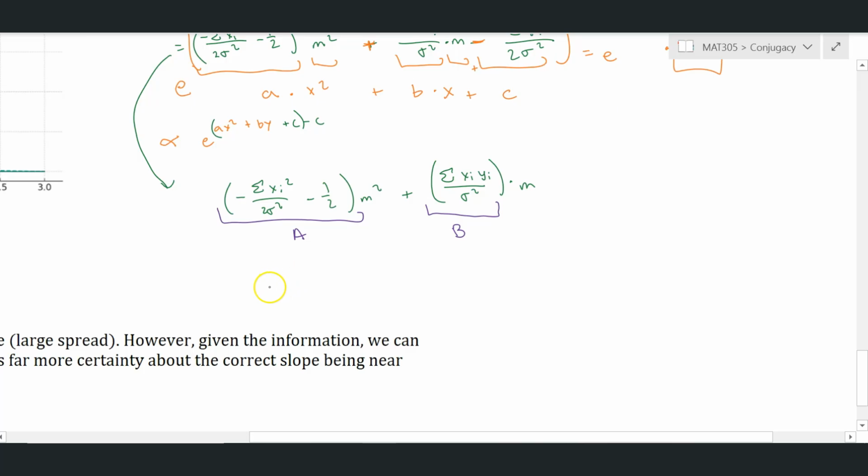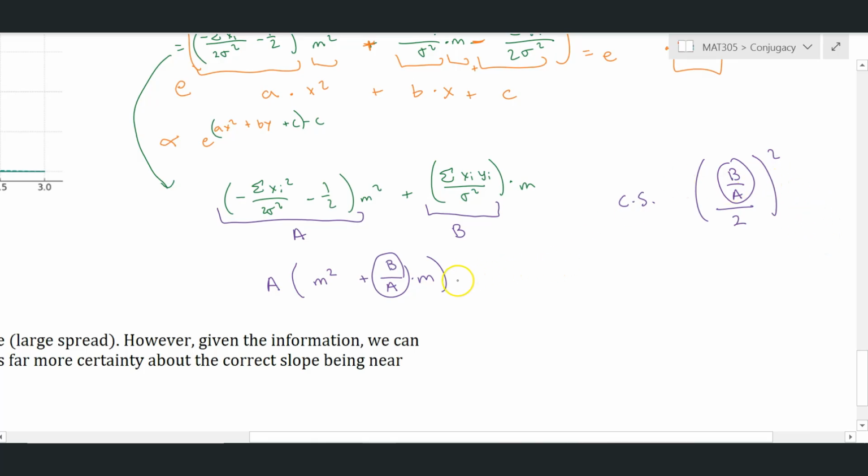Now, if from that I factor out an a, then that will leave me with m squared plus b over a, because I just pulled out an a, times m. And the reason that this is convenient is because to complete the square on this, you would take the coefficient here, which is b over a, divide it by 2 and square it.